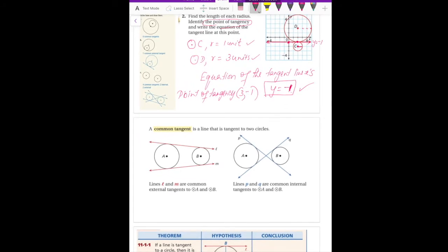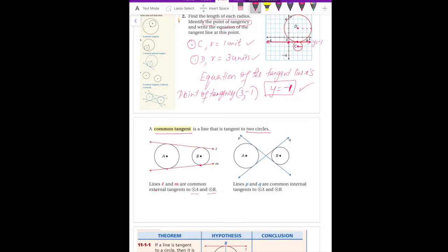They are talking about common tangent. How do you draw a common tangent to two circles? A common tangent is a line that is tangent to two circles. You have two different cases here. Lines L and M are common external tangents to circle A and circle B. You can see they are touching at one point on both the circles.